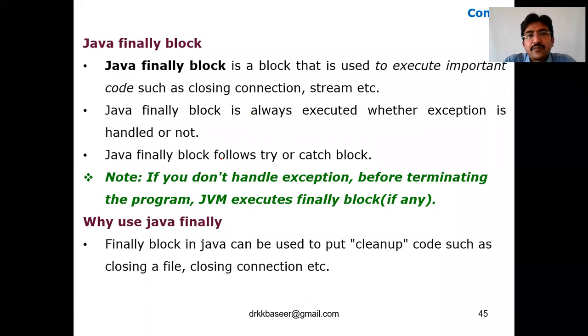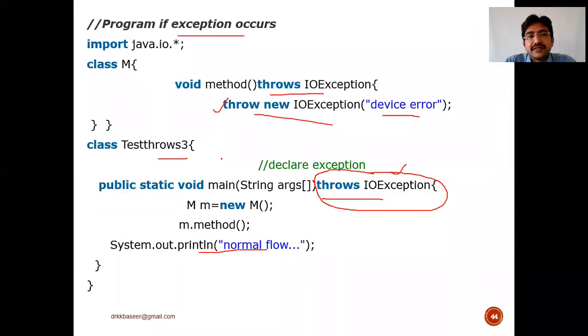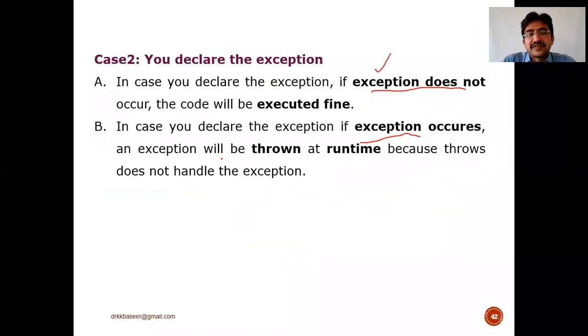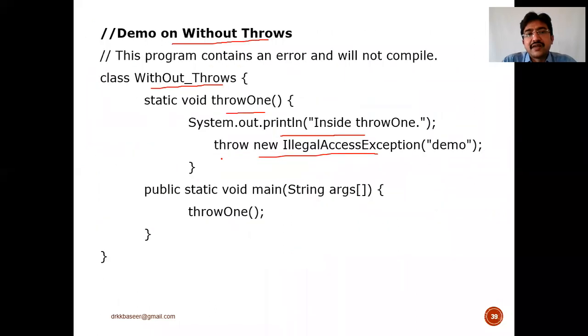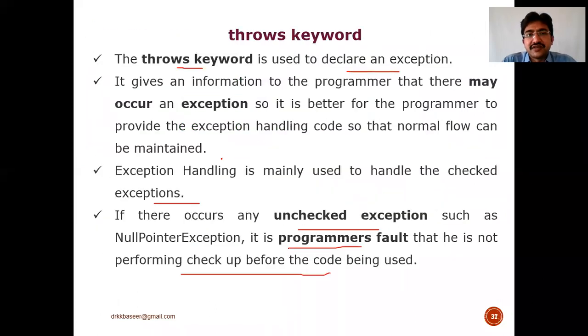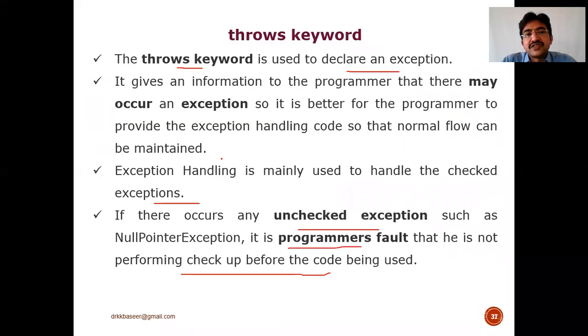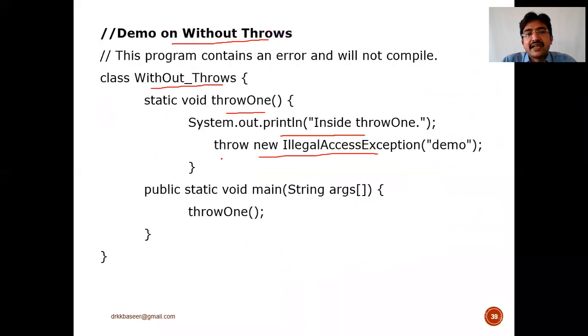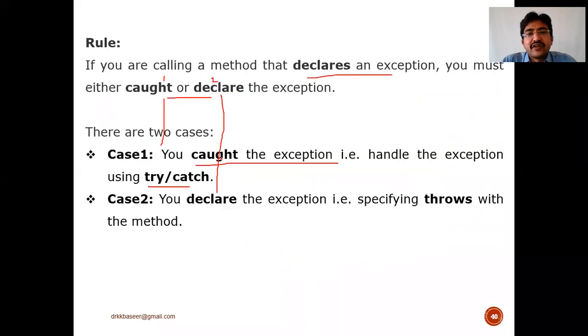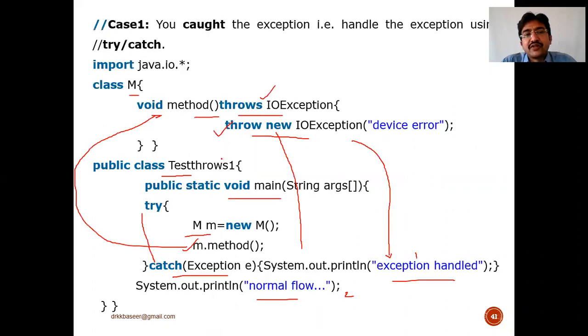And coming to the finally block, the third keyword, the second keyword is very clear: throws can be used to declare an exception. Throw is used for throwing a custom exception. In throws, when you declare an exception, two cases have to be remembered. When you declare an exception, it must be either caught or declared. Caught is nothing but using try and catch.